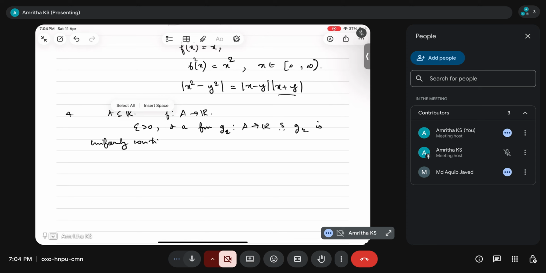Okay. Now here is a question. Suppose A is a subset of R and f is from A to R, and f has the following property.